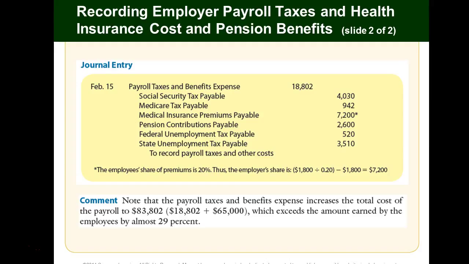So whenever you see your wage, say you make $40,000, usually by the time you're all done, the true cost to the employer is about 30% more than what you're getting.